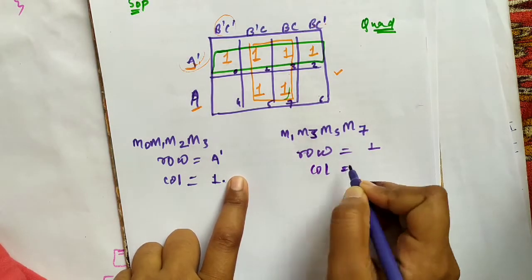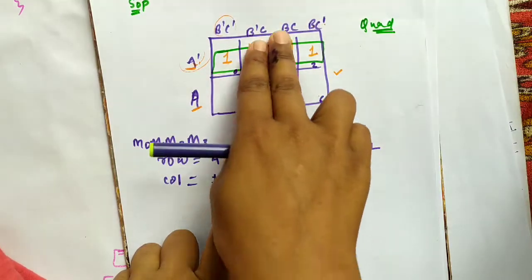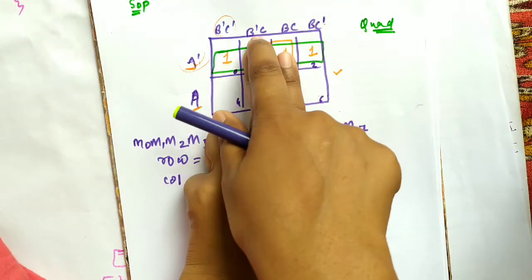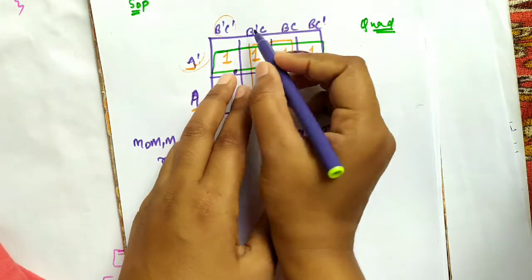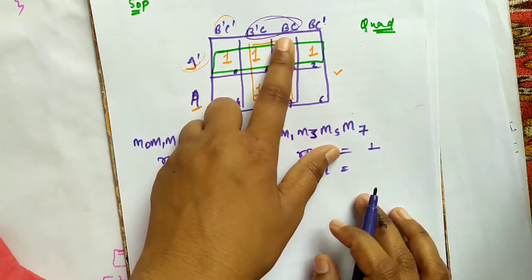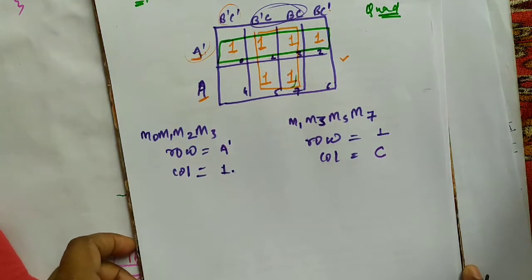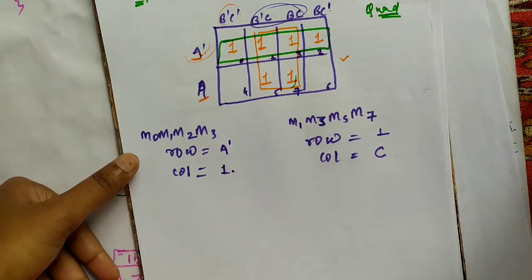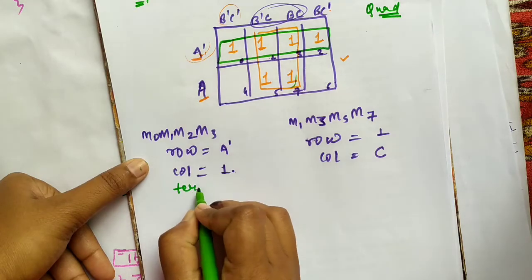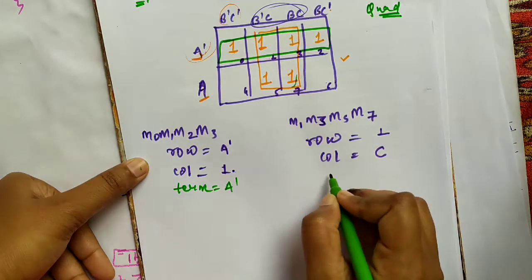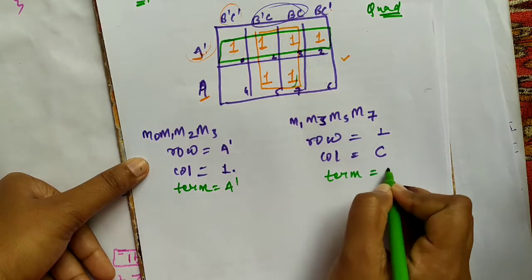And in the columns there are 4 values, here B dash C, BC. Which value is the same in these two terms? In these two terms there is one value the same, that is C. So we write C in the place of the column. So the term is A dash in one term, and C in the other.